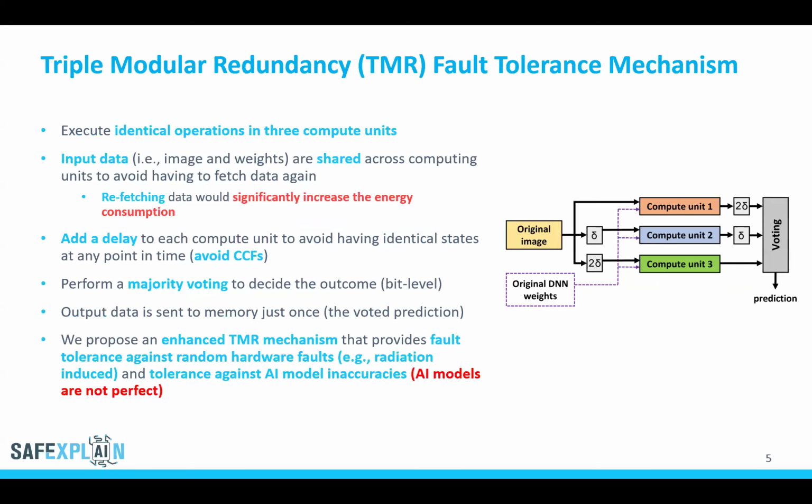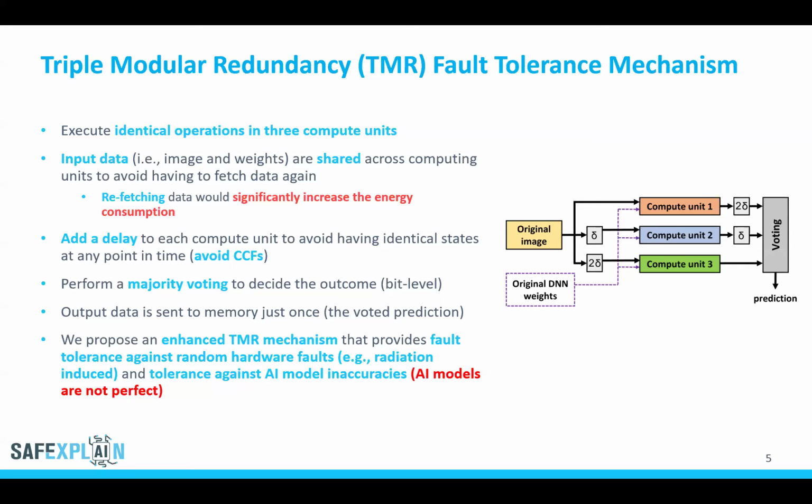Now I will explain the typical implementation to obtain diversity, which is Triple Modular Redundancy, or TMR for short, which consists of executing identical operations in 3 compute units. As we see here, we have compute units 1, 2, and 3.